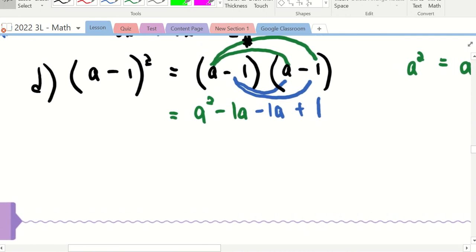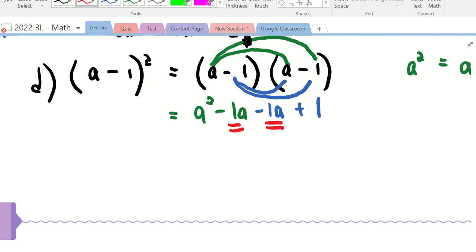Okay. Guys, take a look. Any like terms? Which one? A. Like what William said just now, there's a high chance the like terms are in the middle. Not all, but many times. The like terms are underlined. I need to evaluate the like terms. Negative 1 minus 1. What will we get?